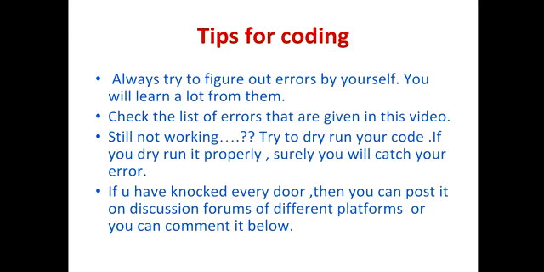But if you think that there's no such type of mistake in your program and still it is not working, try to dry run your code. It means try to logically execute your code. If you have dry run it properly by taking some extra test cases, then surely you will catch your error. Always work with the corner test cases.